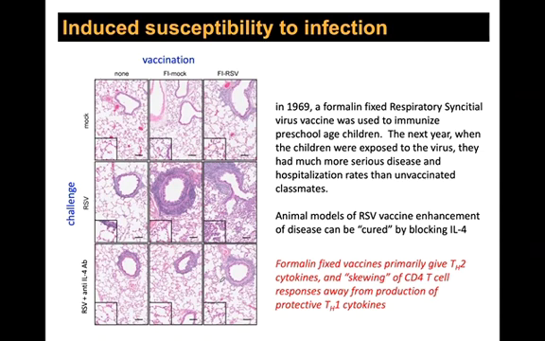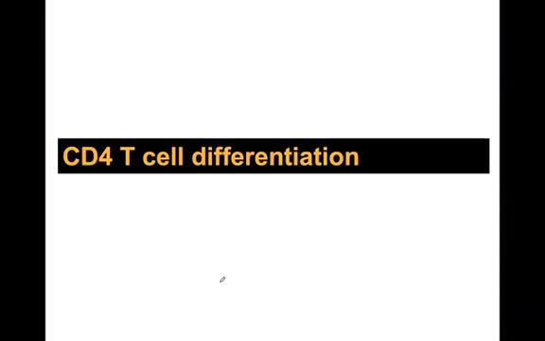And so the vaccine is skewing the T cell response away from a protective Th1 cytokine response, which is IL-12 and interferon gamma. And so the vaccine actually is giving a handicap to the immune response to the wild type infection.